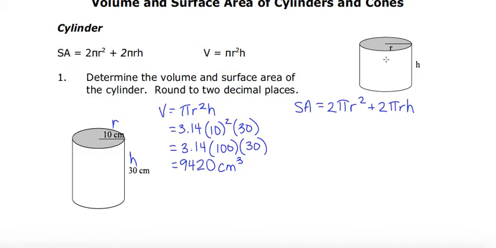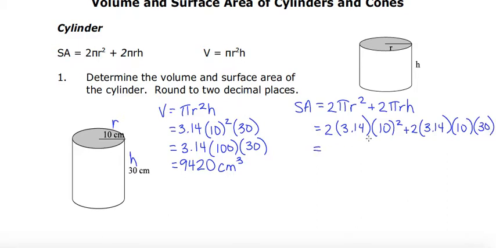So again, I'm using my radius of 10 centimeters and my height of 30, and I'm going to substitute those numbers in for my variables. So I'm going to take 2 times 3.14 times 10 squared plus 2 times 3.14 times 10 times 30.